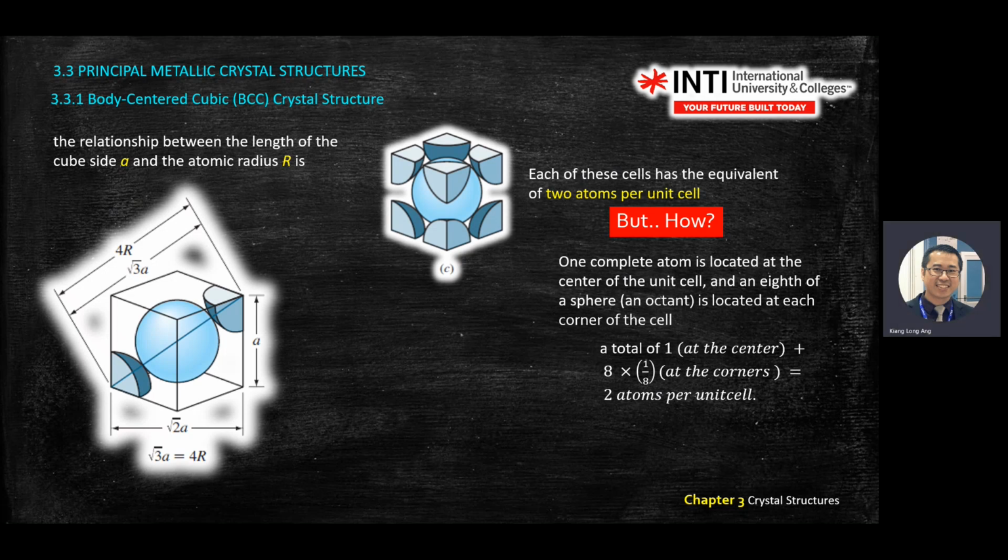So total, from here to here, you have 4R. This is A. This is A. Now, you know that this is 4R. This is 4R, and this is A.